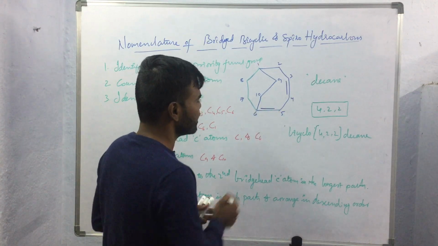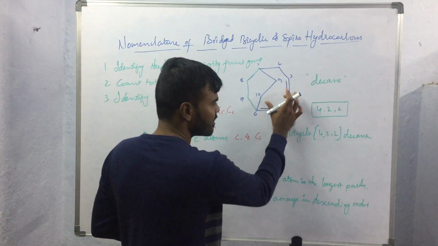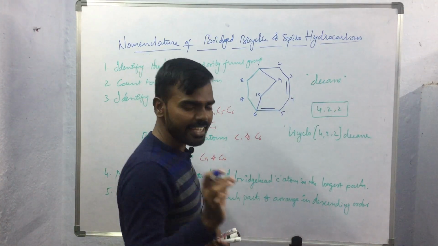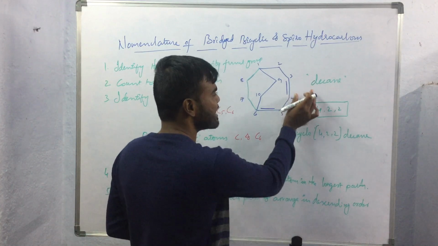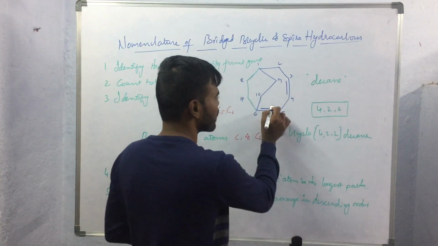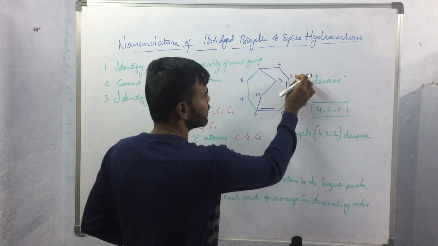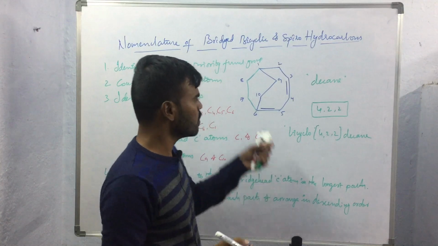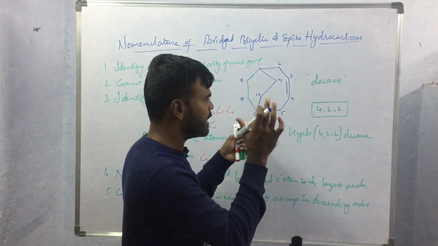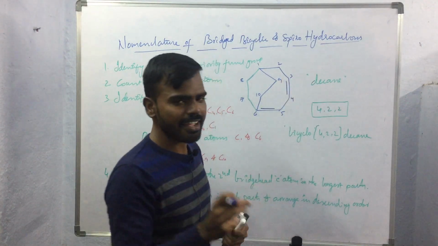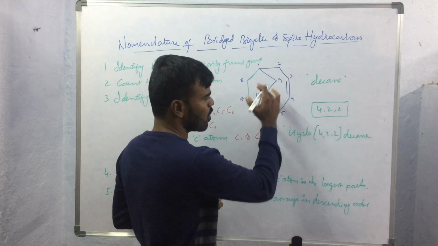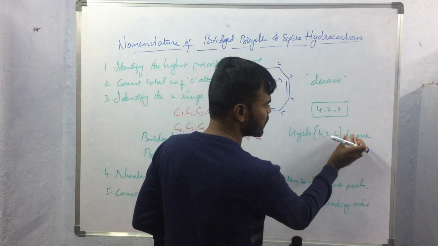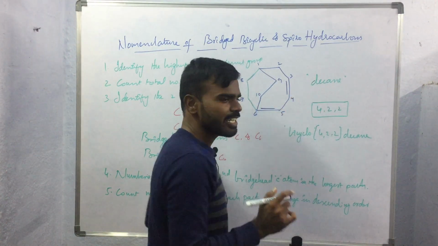Here two unsaturations are present and both are double bonds, so the suffix diene will be used, decadiene. Here the unsaturations are at the third and fifth positions, so dec-3,5-diene. The name of the entire compound will be bicyclo[4.2.2]dec-3,5-diene.